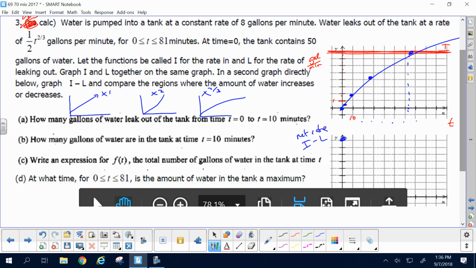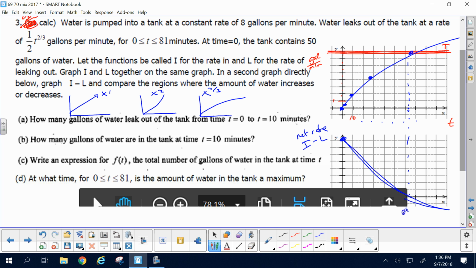Okay? That net rate would start to decrease, or the difference between them decreases until I get to an x of 64. At that case, they're equal, and so I minus L is 0, and after that, leave is greater, and so the rate is negative.